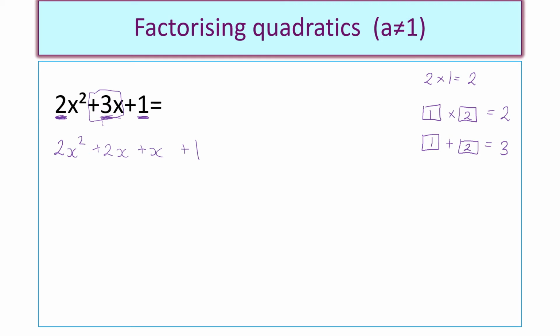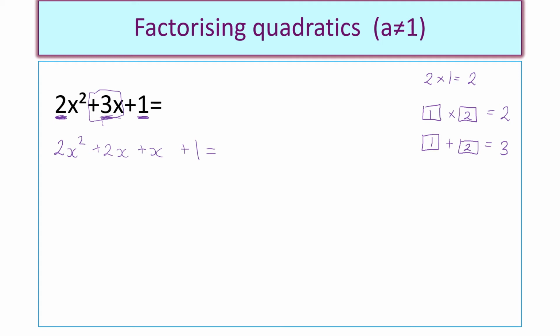I could also write it the other way around, plus x plus 2x, but I've done it this way so it's easier for me to do the next step. But you should still be able to manage if you do it the other way around, as you need to get to the same answer.